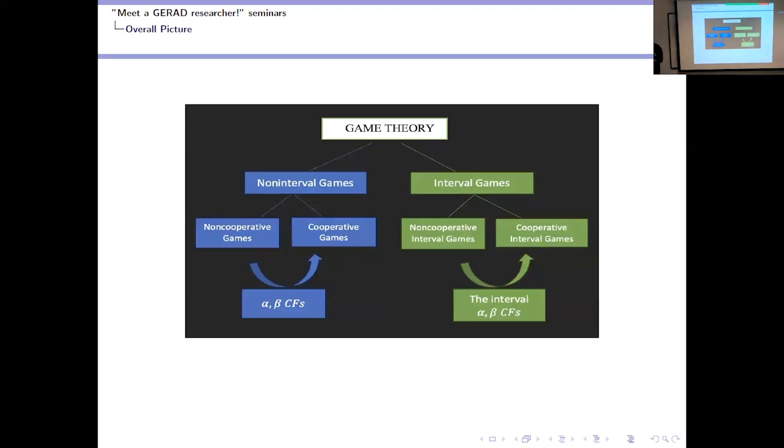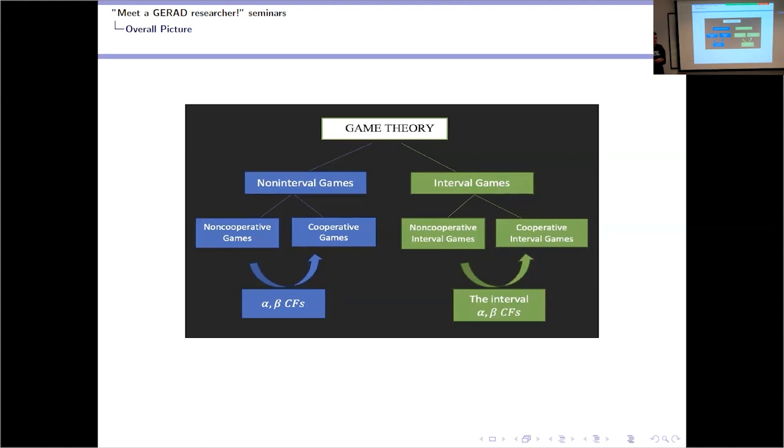Actually, we can roughly classify game theory in two categories from our work perspective as non-interval games and interval games. Non-interval games are the classical game theory that you know. Interval games, this is what I'm going to focus on today.